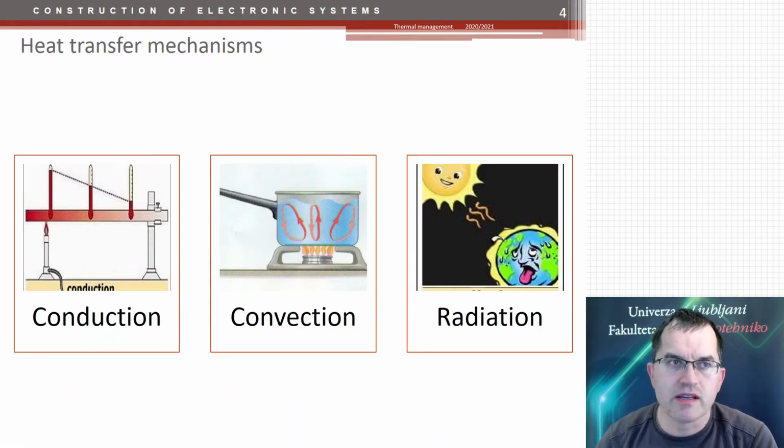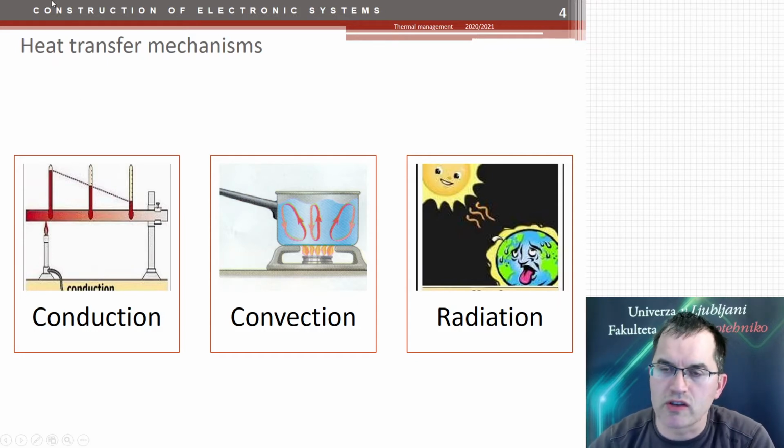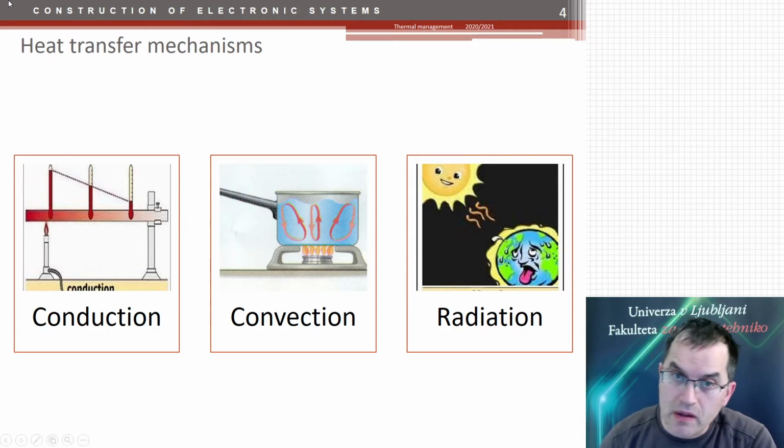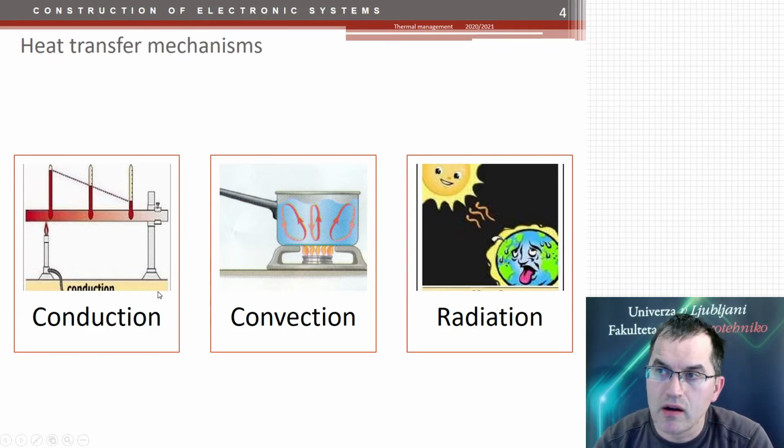There are three physical transfer mechanisms: conduction, convection, and radiation, and we will go through each one of them. First of all, conduction is, as you all know, the movement of molecules or electrons or even atoms that collide with each other, and that movement then causes the heat transfer through solids, liquids, or gases.